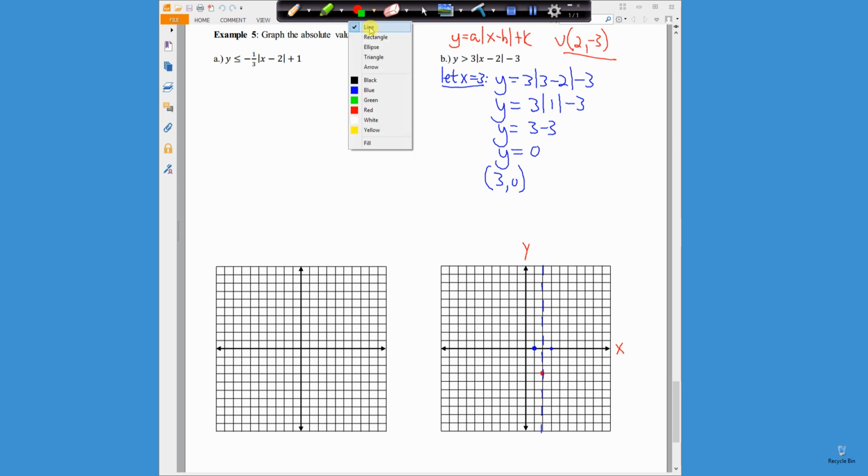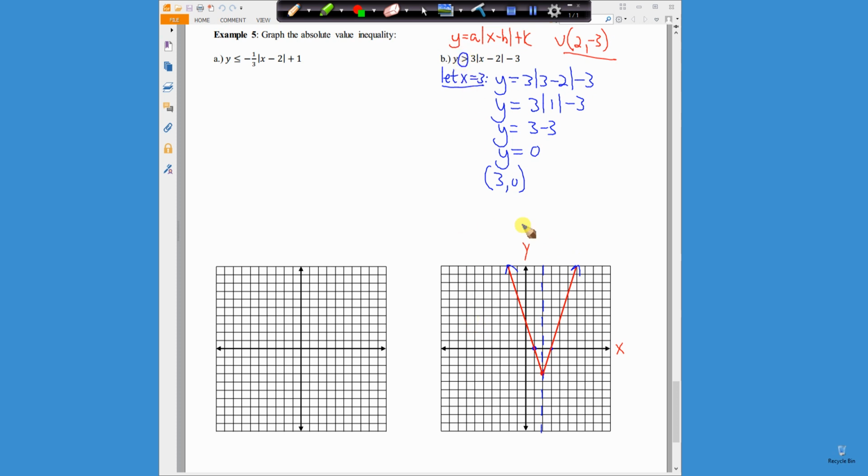Now I can just draw my absolute value function. Let me do that in red. So basically I have something like that and something like this. Oh, I made a mistake, but I'll try to redeem this. What I did is I graphed the absolute value function, but I didn't consider the inequality.